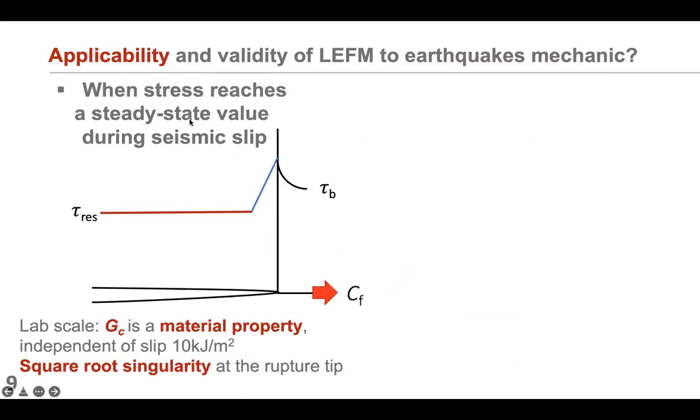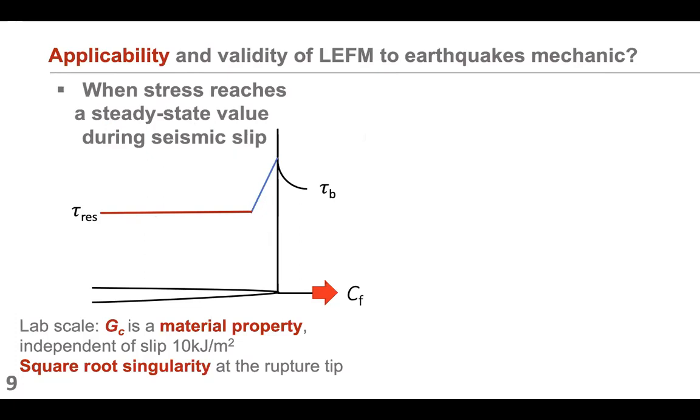By definition, we can apply LEFM to earthquake mechanics if the residual stress, which corresponds to the minimal stress achieved far from the rupture tip, becomes constant, and so if we are out of the cohesive zone.